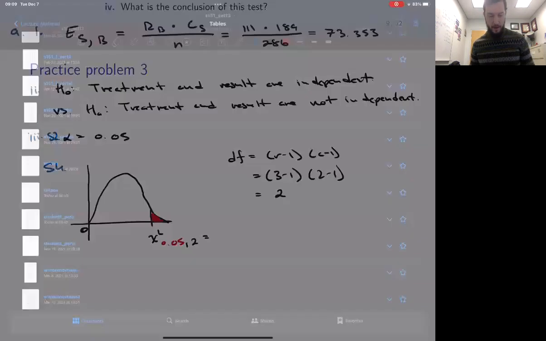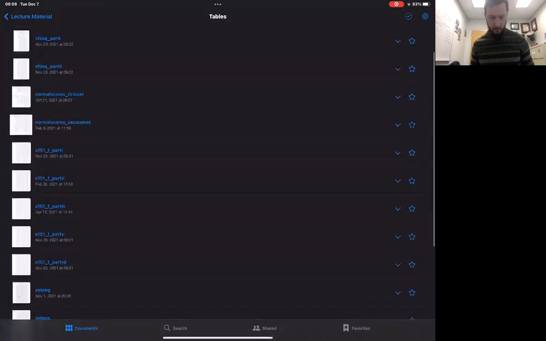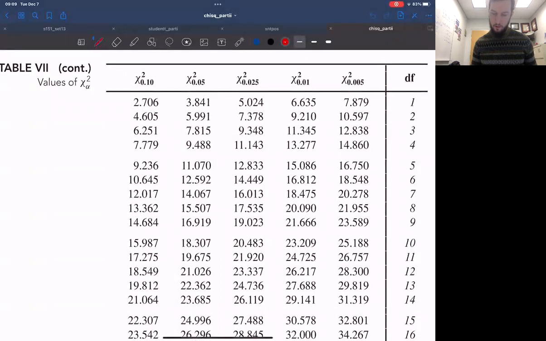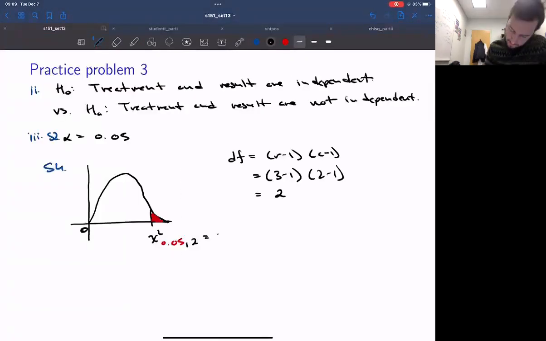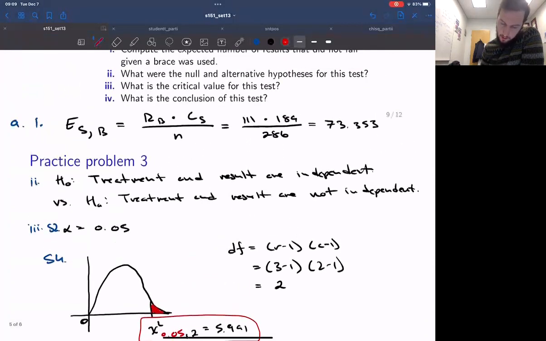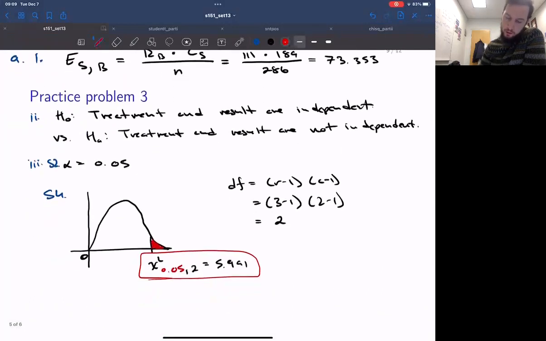All right, so we go back and open up our chi-square table. We're going to match 0.05 with 2. That gives us a critical value of 5.991. Okay, and then part 4 says, what is the conclusion of this test?